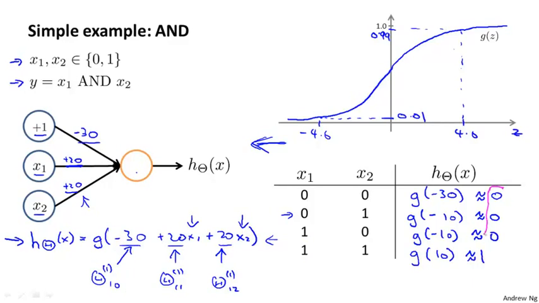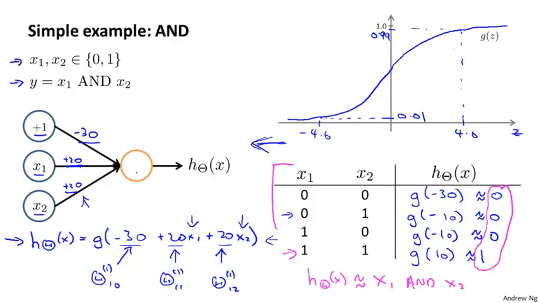And if you look in this column, this is exactly the logical AND function. So this is computing h of x approximately equal to x1 AND x2. In other words, it outputs 1 if and only if x1 and x2 are both equal to 1.